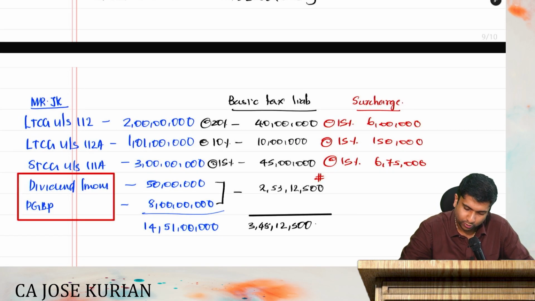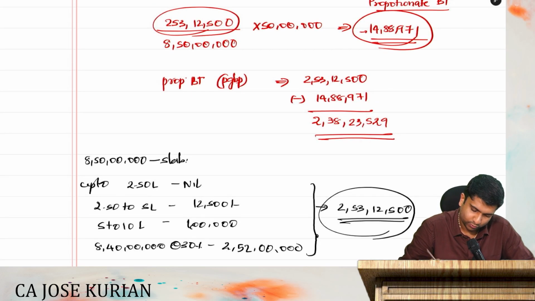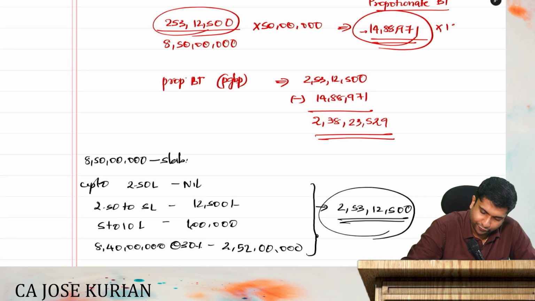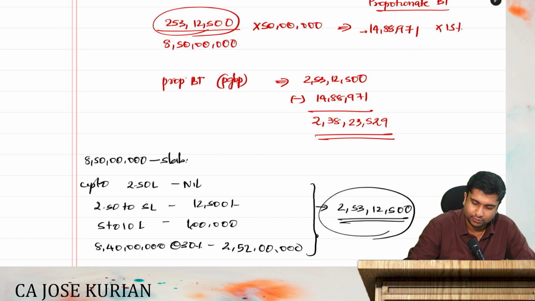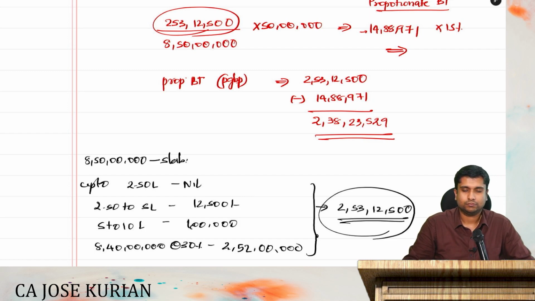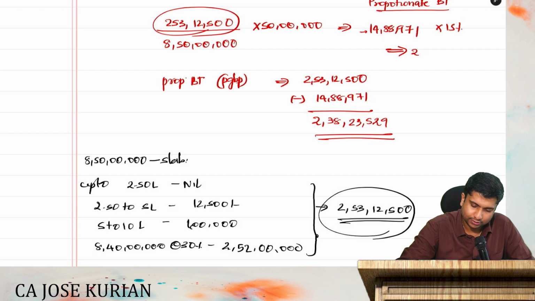Yes or no? So that 14 lakh 88,971 into 15%, how much will be the figure? 2 lakh 23,345.